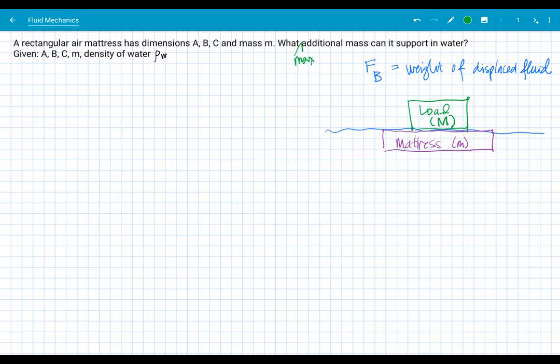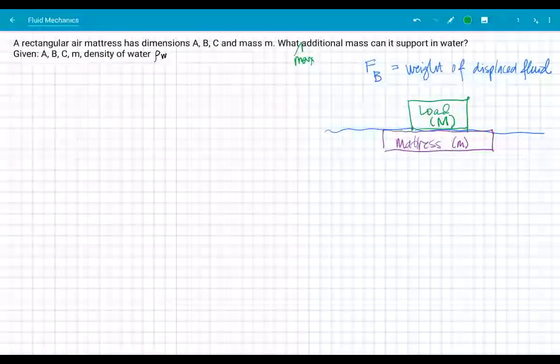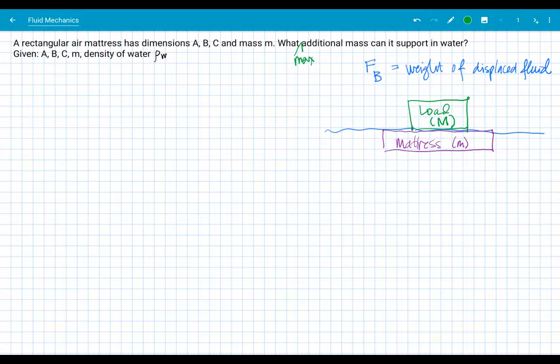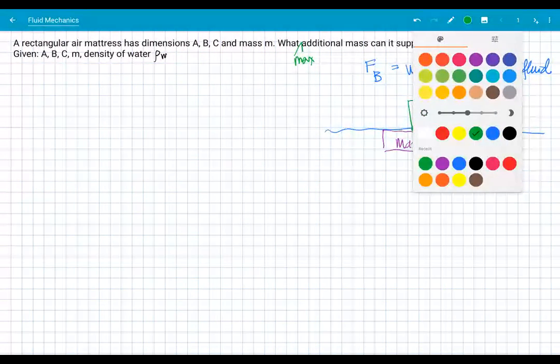This could be a relevant question. If you're actually looking to build something or move something, you will need to know what the maximum is that I can do here, and then work from there. So what do we do? We draw a free body diagram. I'm going to draw a free body diagram of the mattress and the load as a system.